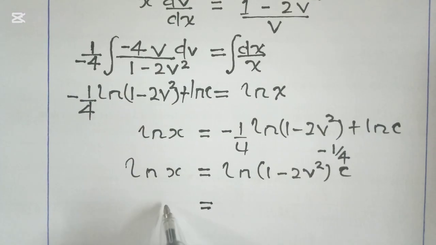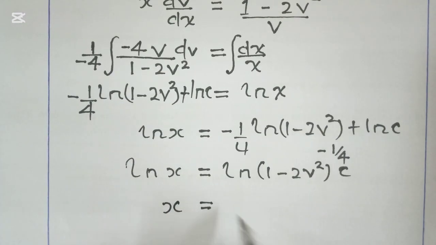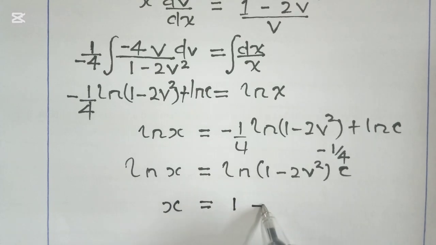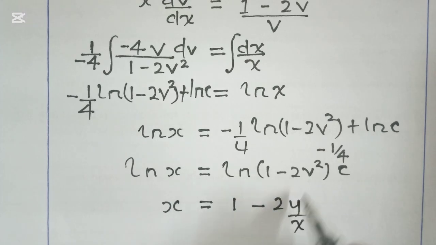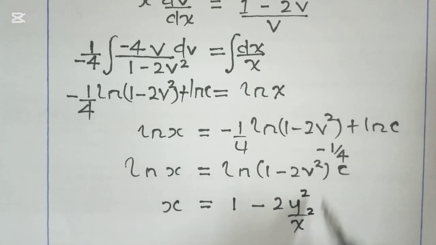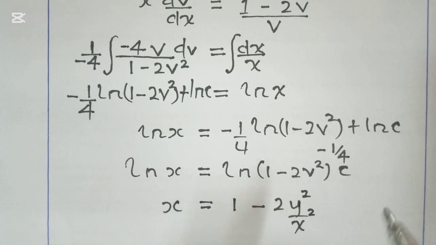That is, we write here x, and here we can write 1 minus 2, let's write y all over x, squared, like that, because we represent v as y over x.